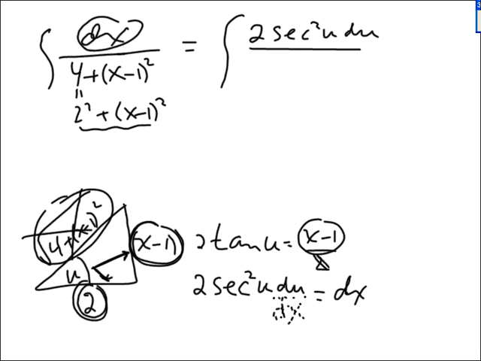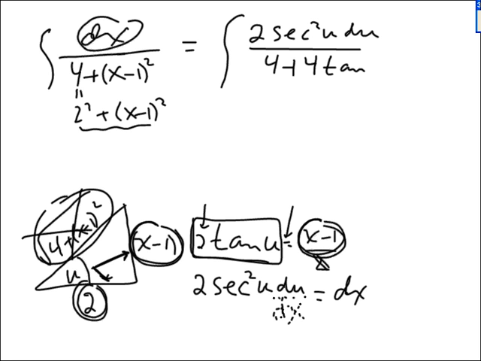And the bottom is 4 plus x minus 1 squared. But this is how I'm writing x minus 1. It tells me by the equal sign. But I have to square it. Well, you square 2, you get 4, and you square the tangent of u, you get tan squared u.